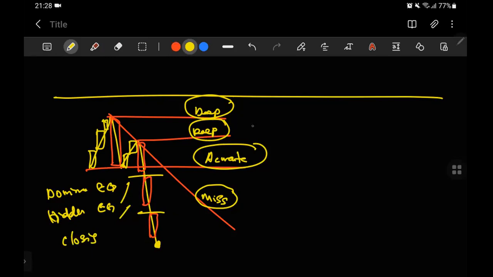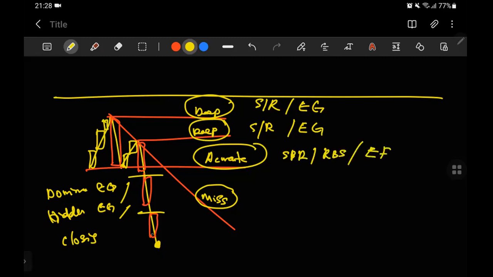And over here it will be like support and resistance or engulfing. Same for the accurate, will be SPR, RBS, or engulfing field.